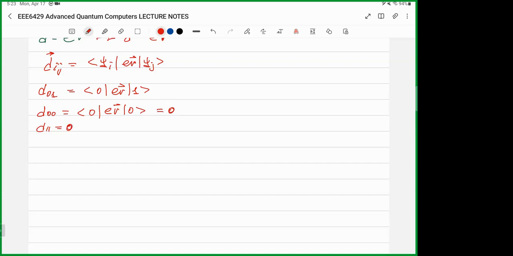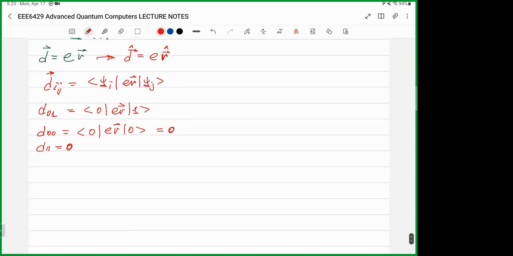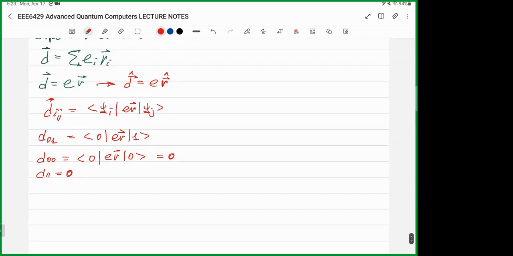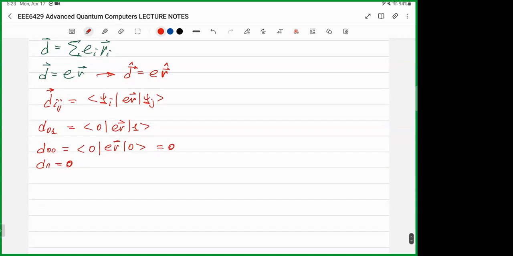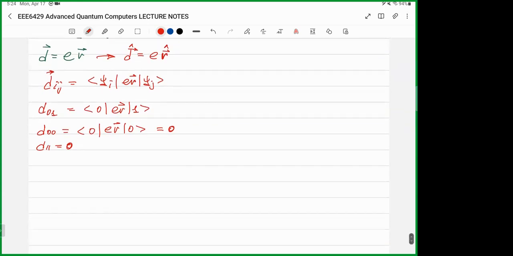So we have only the transition dipole moment between two different levels, not vanishing. But the dipole moment for the state itself vanishes for the vast majority of optical systems. So this is the transition dipole moment, the main parameter that we use to describe the two-level system.